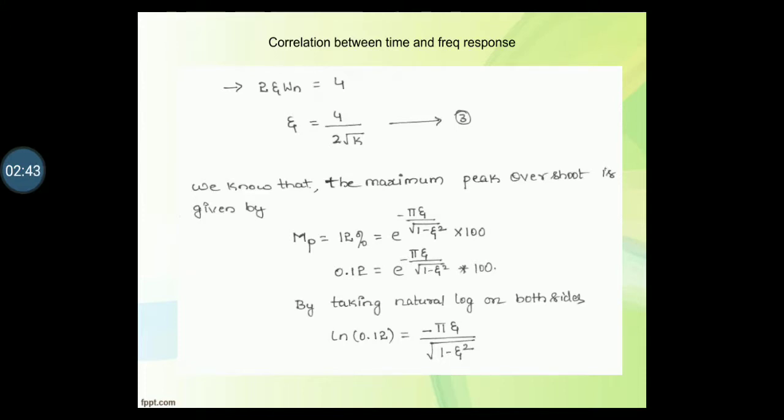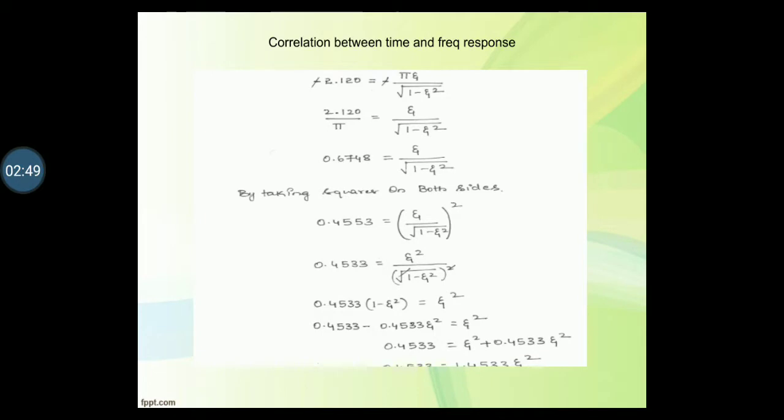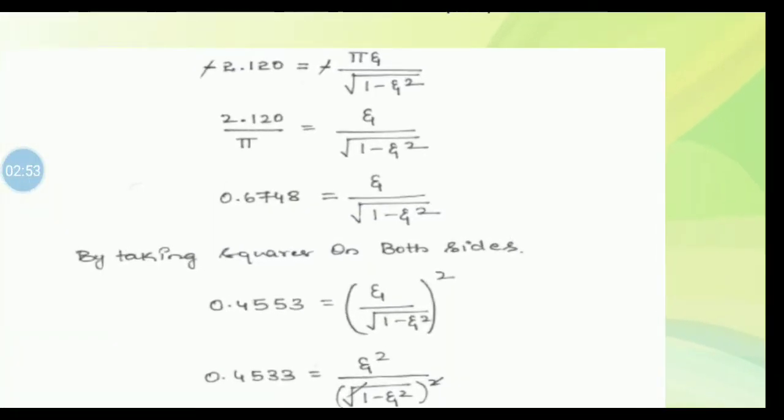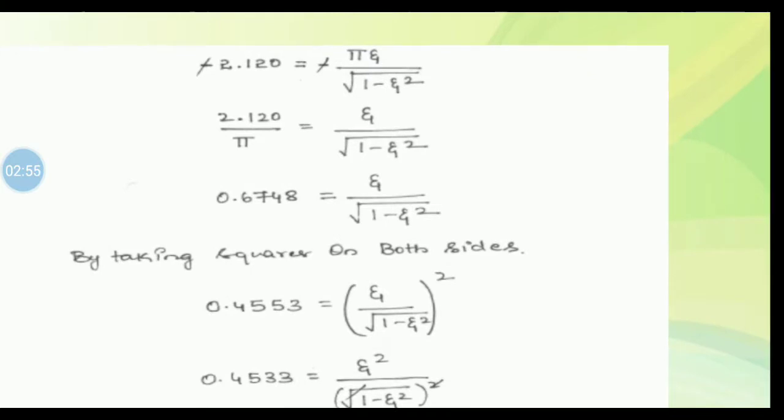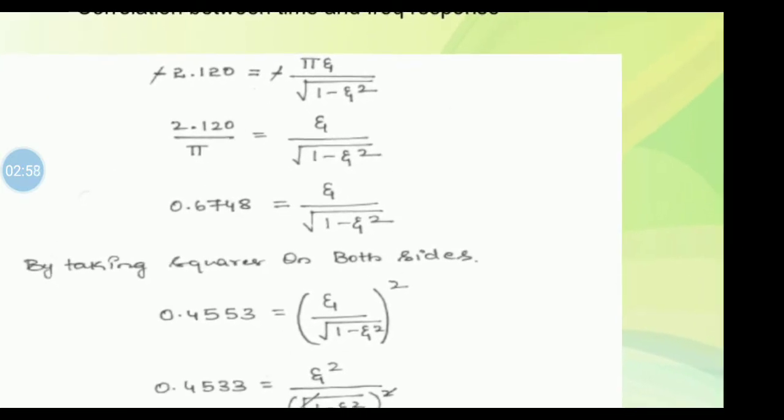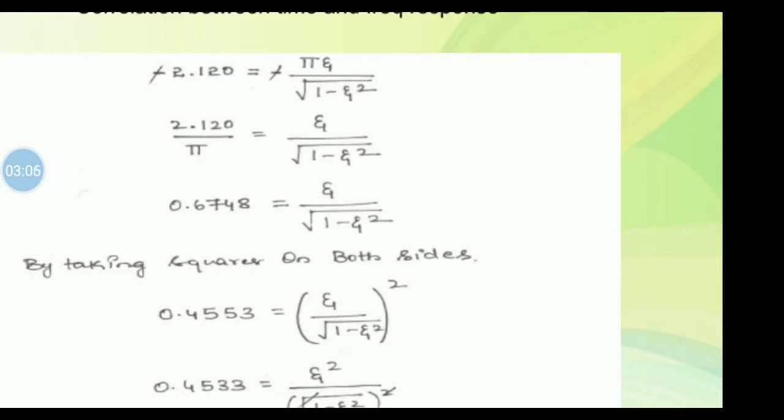Ln 0.12 is equal to minus pi damping ratio by root of 1 minus damping square. So it will come equal to minus 2.120 is equal to minus pi damping ratio by root of 1 minus damping square. 2.120 by pi is equal to damping ratio by root of 1 minus damping square. 0.6748 is equal to damping ratio by root of 1 minus damping ratio square.